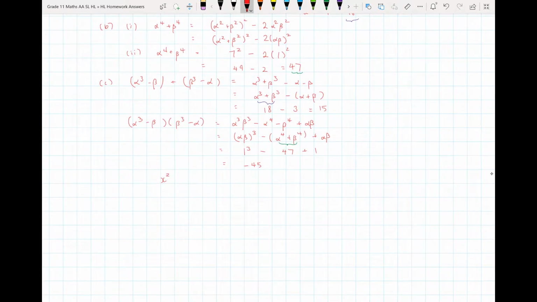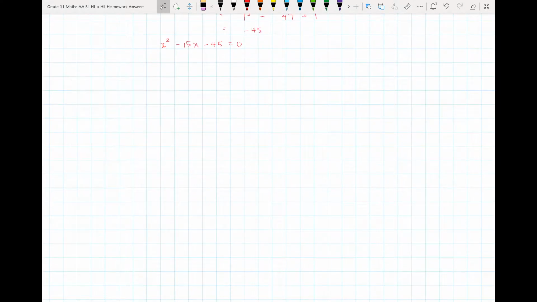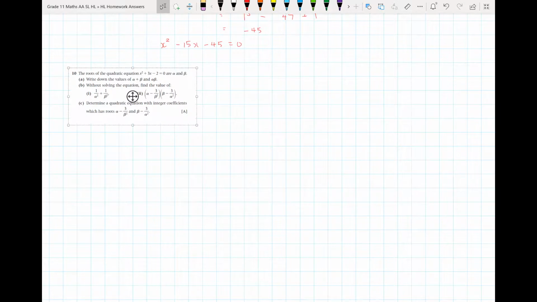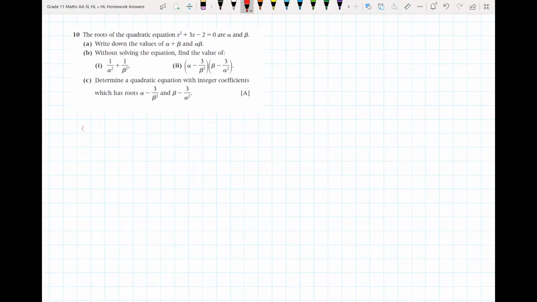So said equation could look like this. All right, last question. So here they even ask you for the original sum and product, so let's do that. We have minus 3, minus 2.